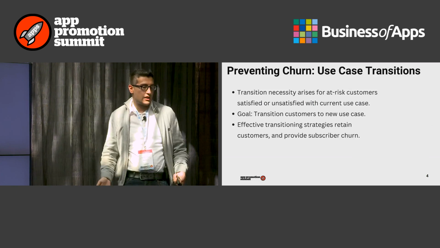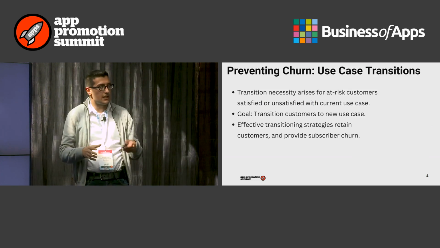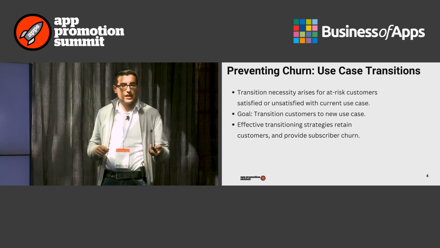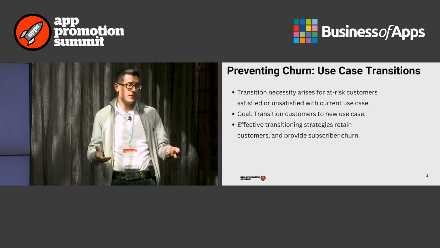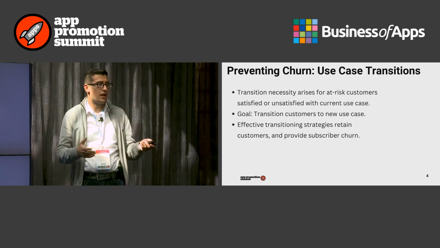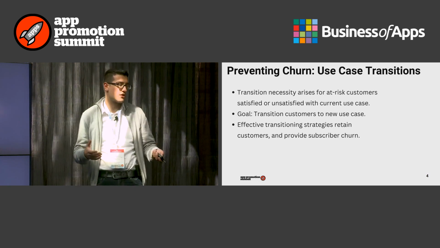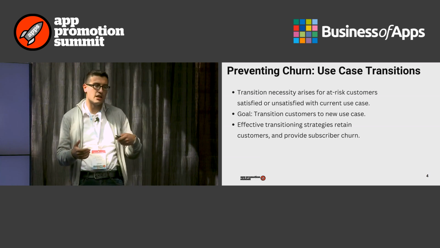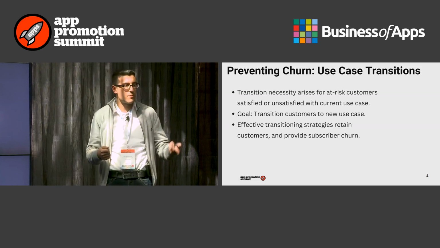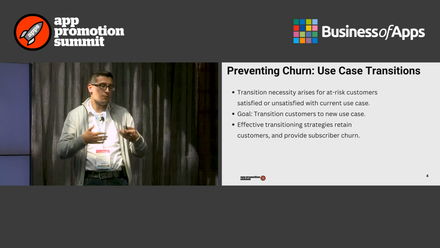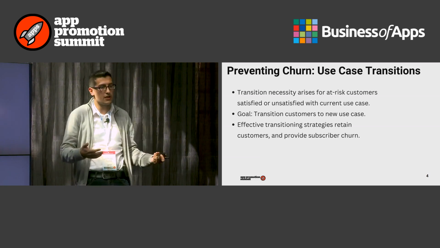Another thing is the use case transition. This is one of the interesting and hard things to do, but it's very useful. For example, imagine again you're a meditation app. I downloaded the app and I'm paying for a subscription to get sleep stories to make my sleep better. Now I have achieved my goal, so I'm going to cancel my subscription.